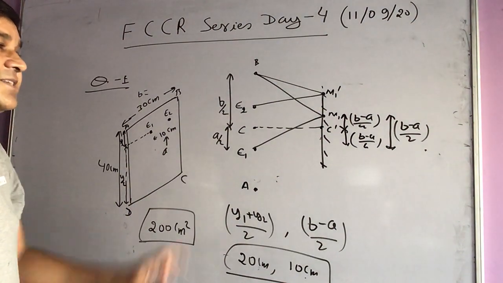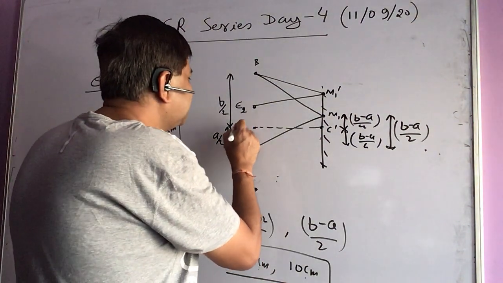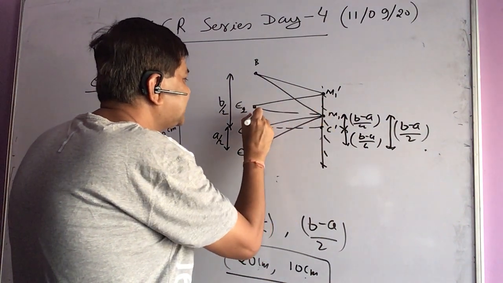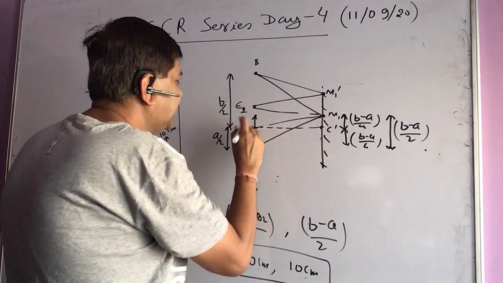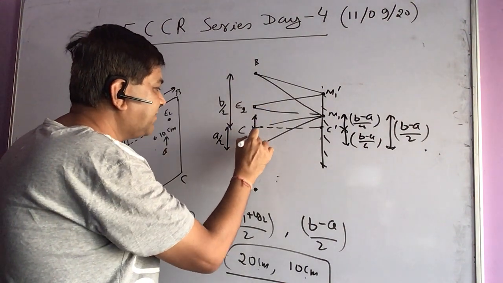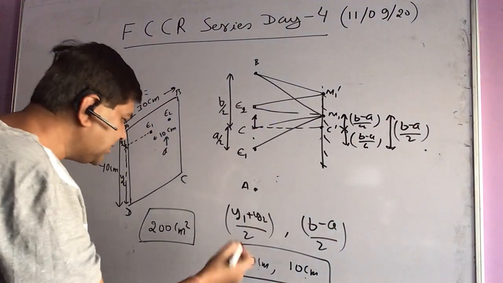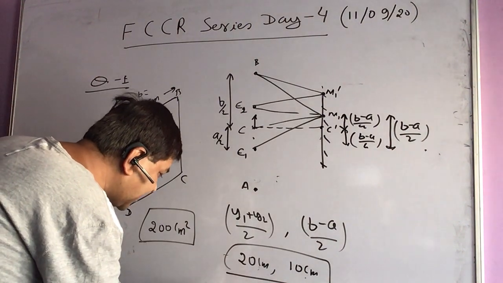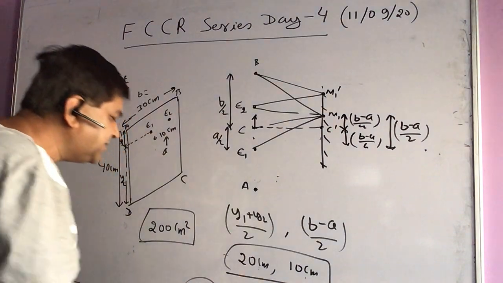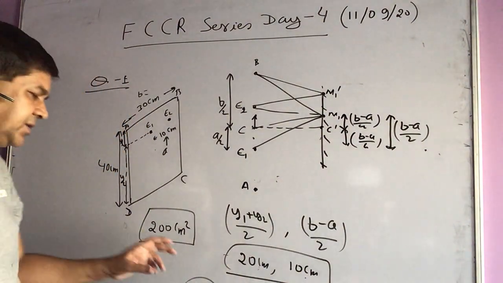We also require the center to be seen, and for the center to be seen, we require this diagram, and this requires the minimum distance. If this distance is say A, this is A by 4. So the minimum requirement is not only this, the minimum requirement is also greater than A by 2. But here it is immaterial because A by 2 is only 5 centimeters.